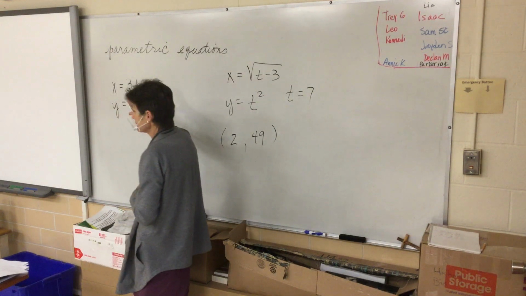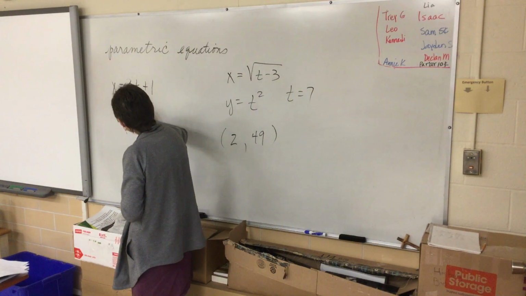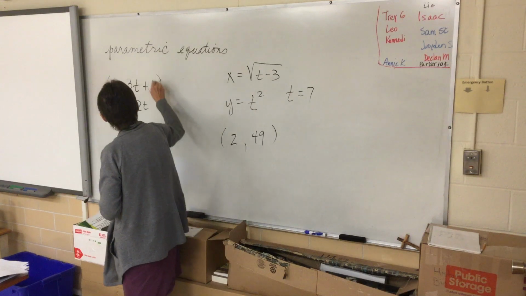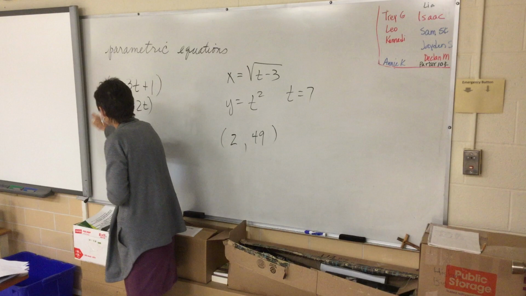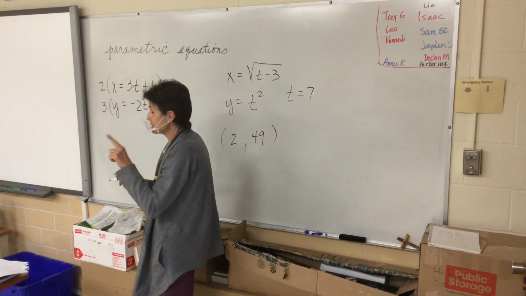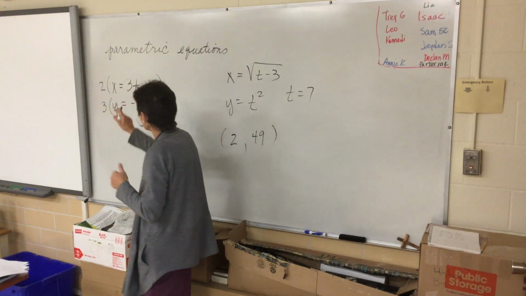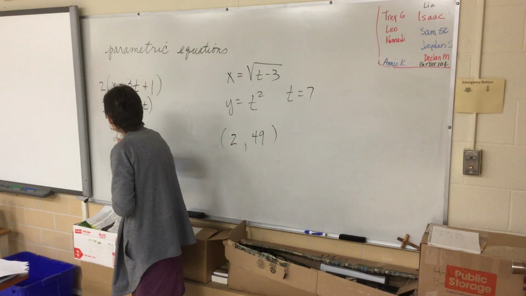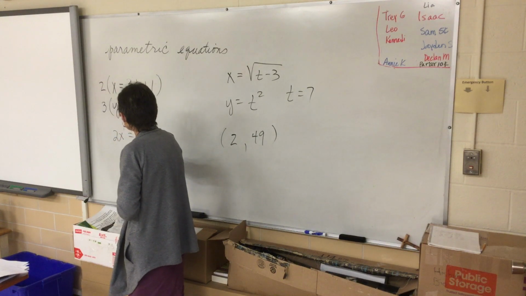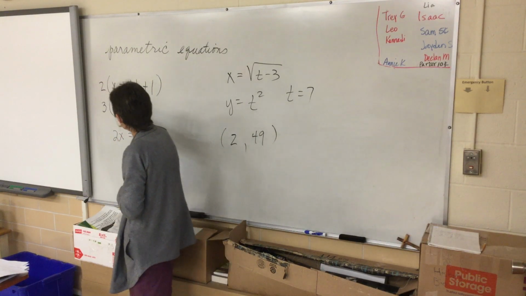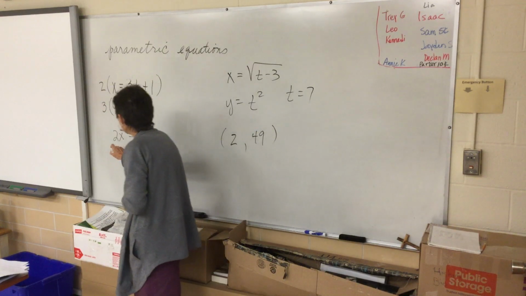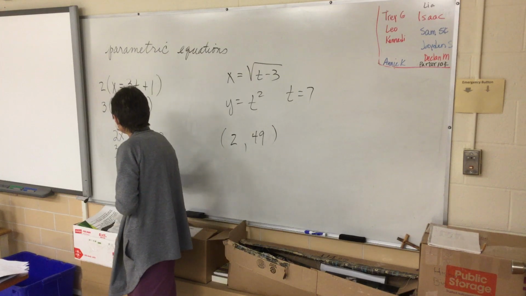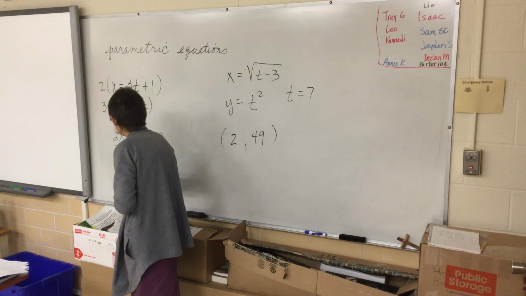If I took these 2 equations and I multiplied the top one by 2 and I multiplied the bottom one by 3, look what's going to happen. You can probably see it already. I would have 2x equals 6t plus 2. I'm multiplying that equation by 2. And then I would have 3y equals negative 6t.